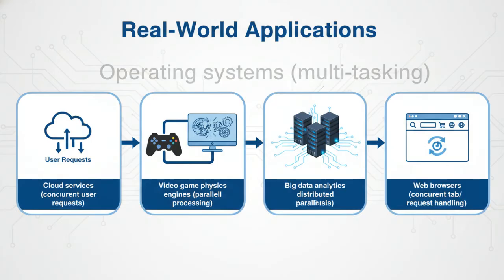Big data analytics tools, such as Apache Spark, extensively use distributed parallelism to process terabytes of information. Even your everyday web browser uses concurrency to load multiple tabs, download files, and render content simultaneously without freezing the entire application. From your phone to supercomputers, concurrency and parallelism are the unsung heroes making it all work.